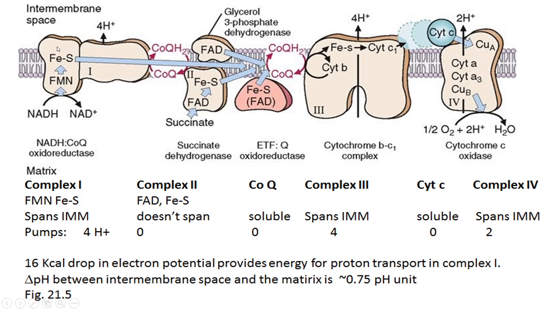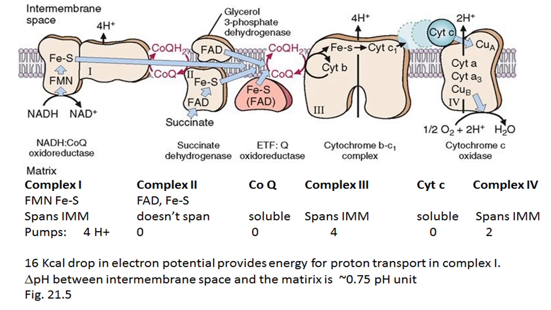Another function is that FeS also collects the electron and gives it to coenzyme Q. So the function of complex 1 is to transfer the electron to coenzyme Q, and it also pumps 4 protons from the matrix to the intermembrane space.